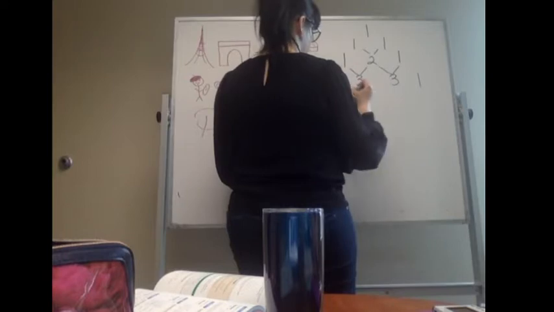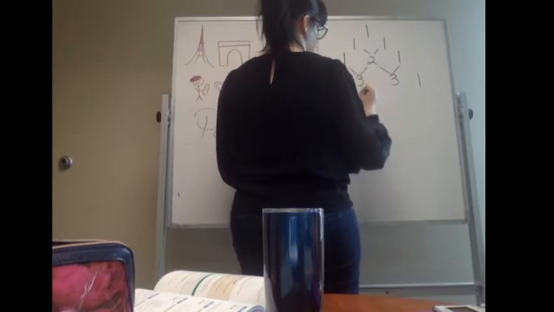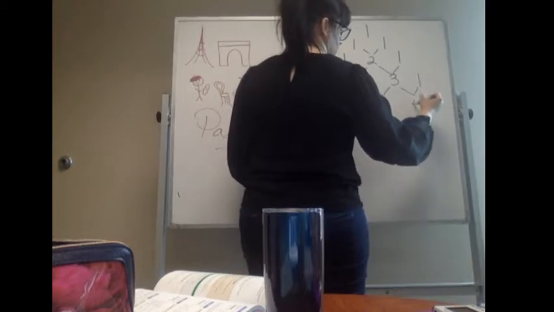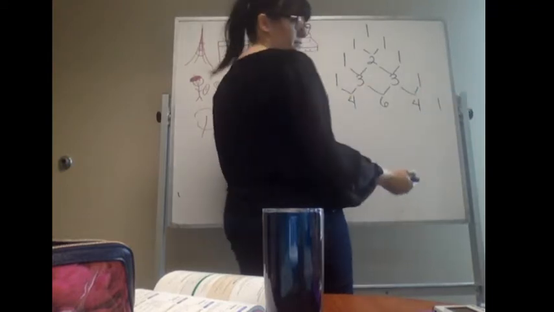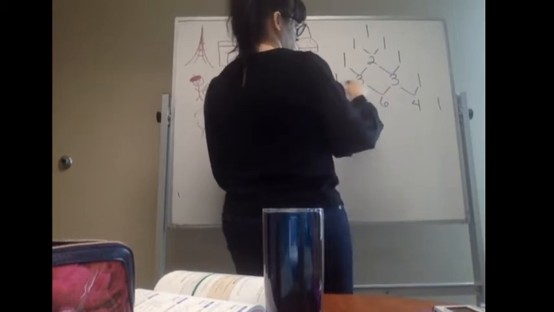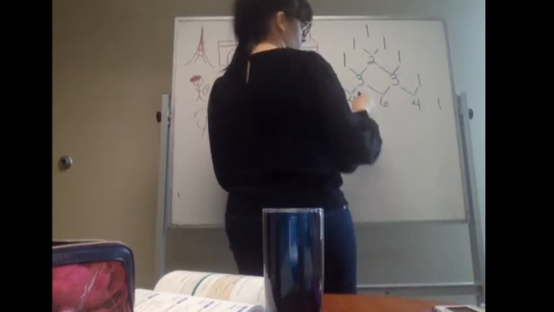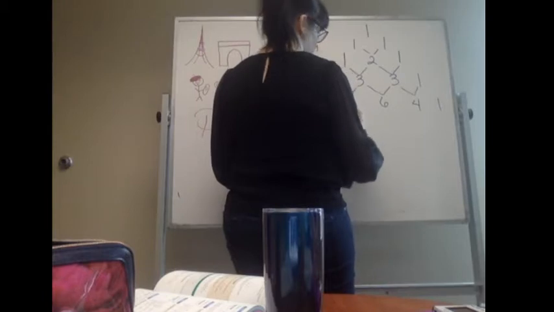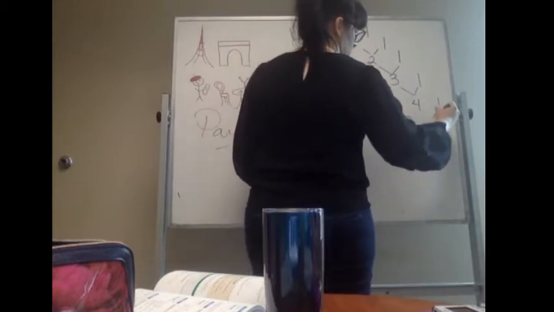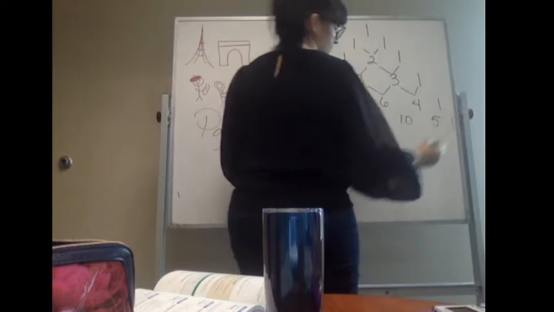Then 1, 3 plus 1 is 4, 3 plus 3 is 6, 4, 1. So it's just an artsy way of adding. We're adding the previous two terms. So then 1, 5, 10, 10, 5, and 1.